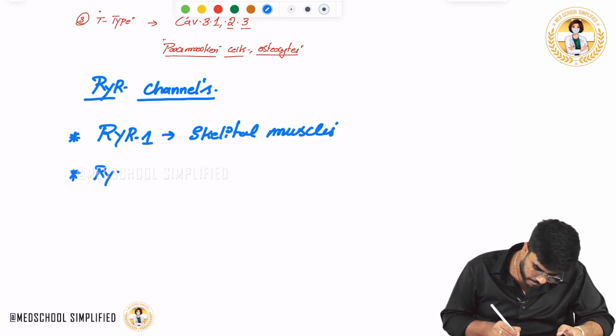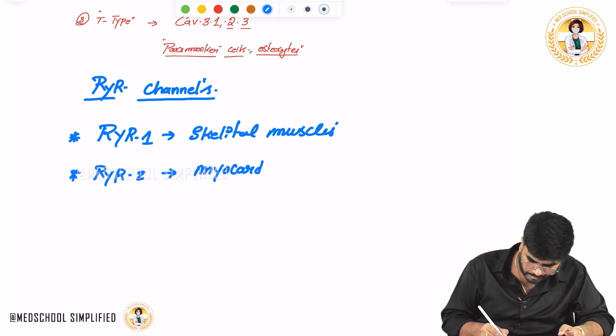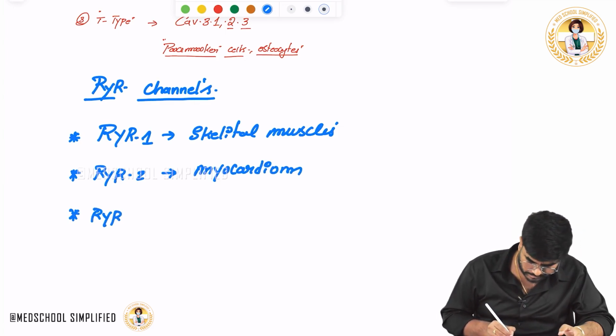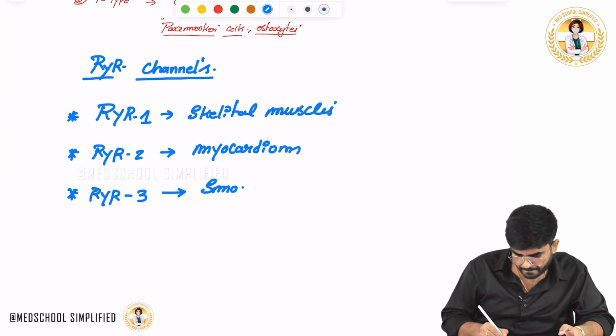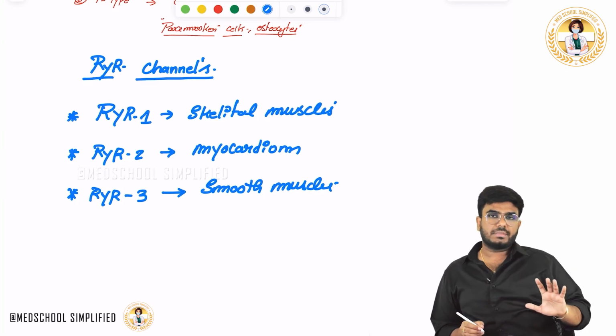RYR type 2 is present on the myocardium, that's the heart, and RYR type 3 is present on smooth muscles. So these are the different types of ryanodine receptors.